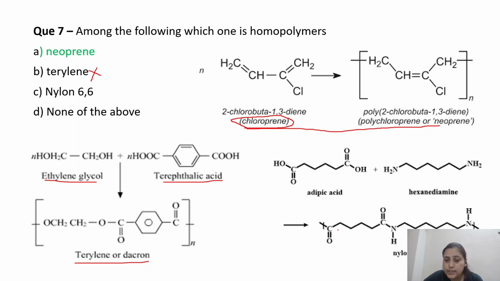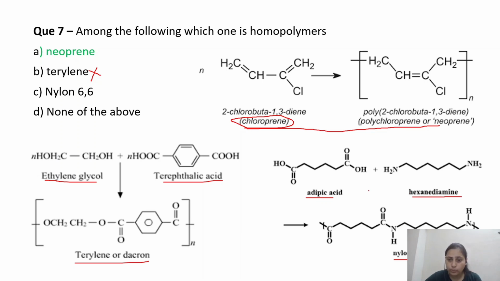Next is nylon 6,6, option C. Nylon 6,6 is made from adipic acid and hexane diamine as its monomeric units.